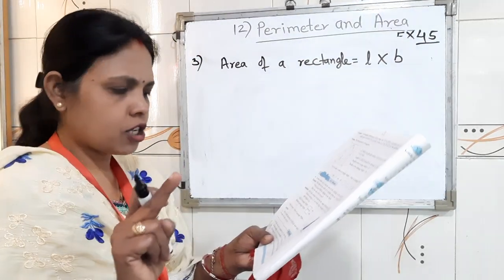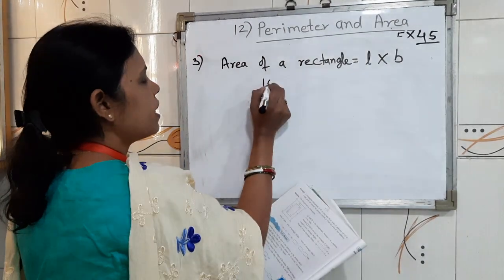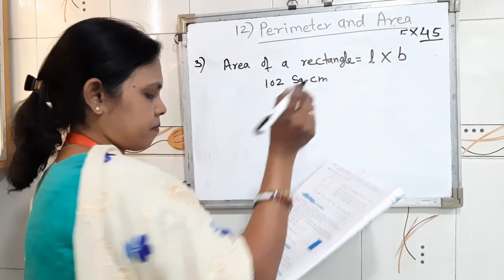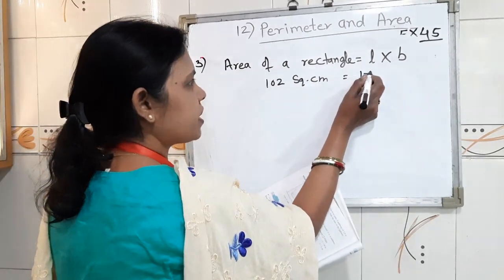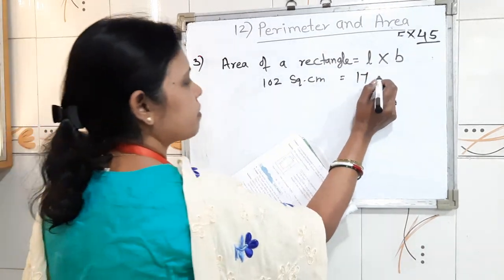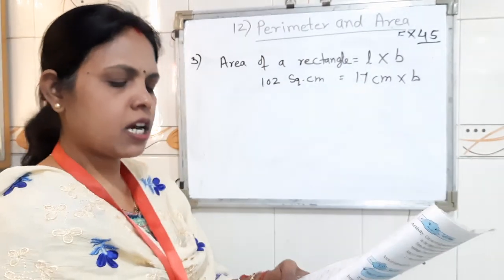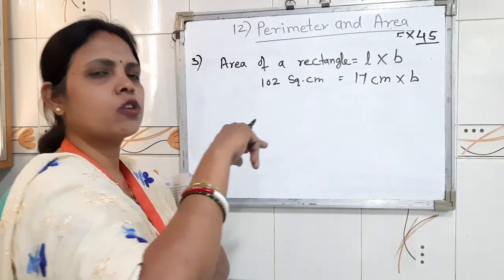Here in our question number third, area of a rectangle is given 102 square centimeter. Length is given 17 centimeter. And the breadth we are going to find out. And after finding breadth, what are we going to find out?